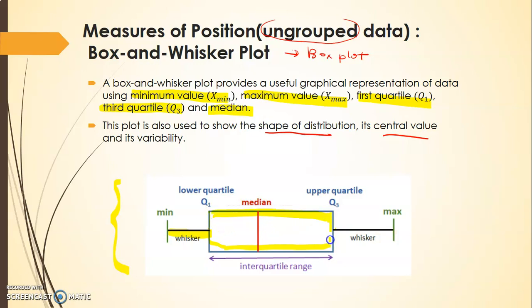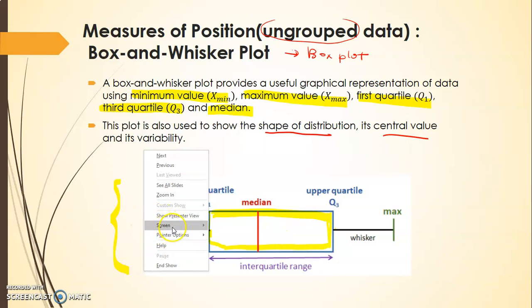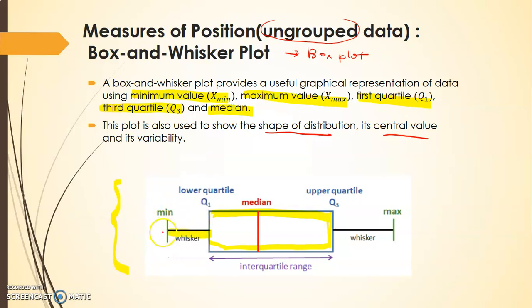In this box and whisker plot, the two end tails here, this one is the minimum value. The end tail here, this is the maximum value of your data set.